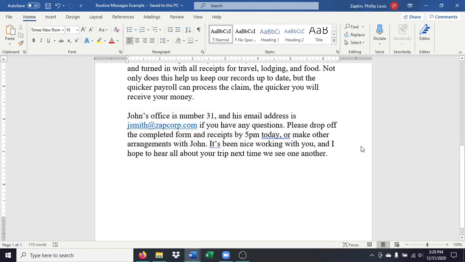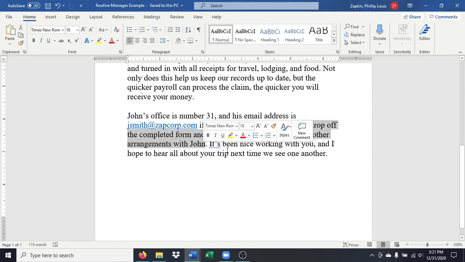So we've got here specific contact information for John Smith in this case, which is the person that Tomoko would need to drop the forms off to. So we learned that his office number is 31 and his email address is jsmith@zapcore.com. So if she needs to contact him, she has that information. If she has any questions, any follow-up issues, any concerns, if she wants clarification, she now knows how to do that.